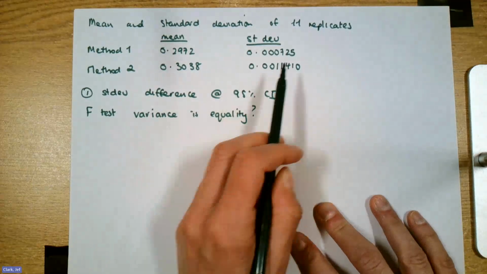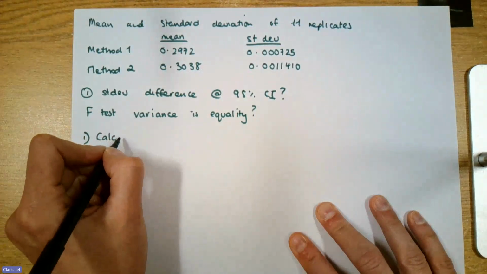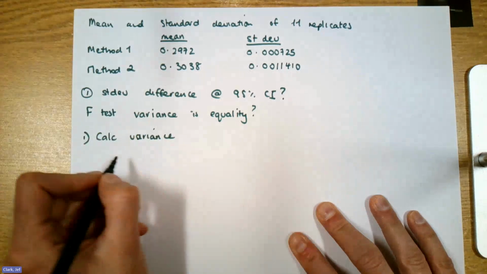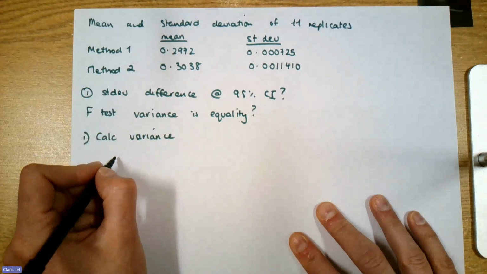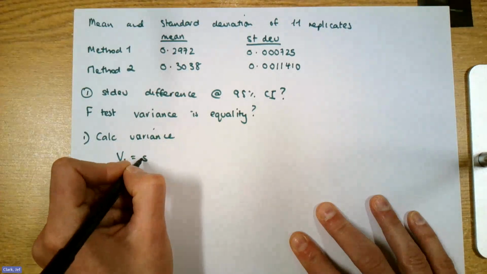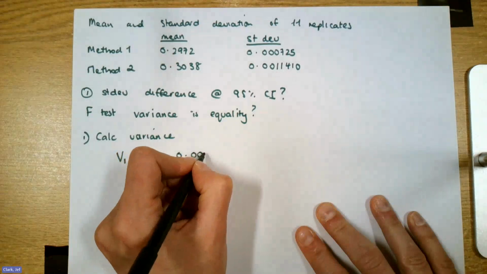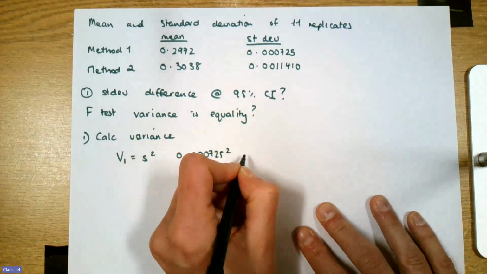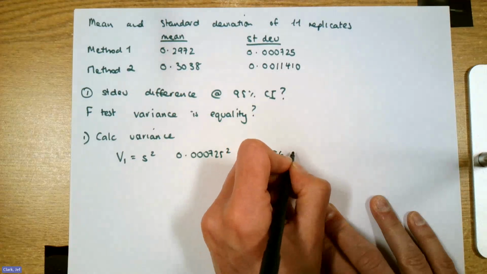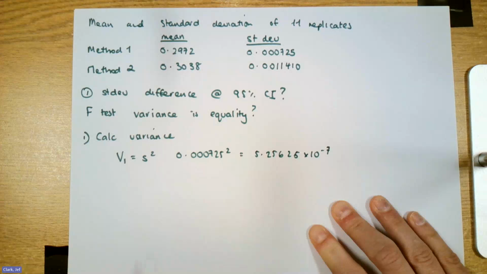The way we calculate variance in this case is nice and simple. So for our method 1, we're going to calculate our first variance, which is just our standard deviation squared. 0.000725 squared equals 5.25625 times 10 to the minus 7.